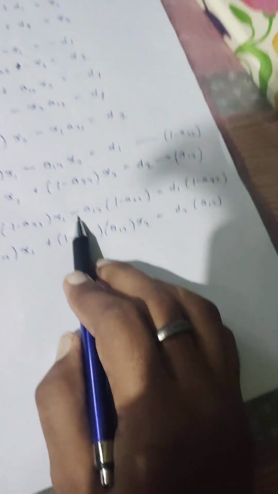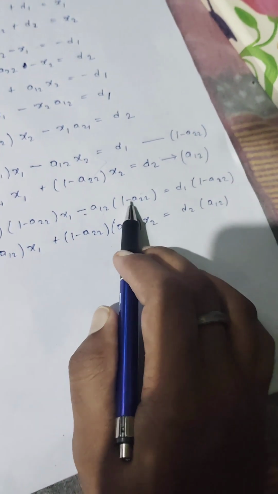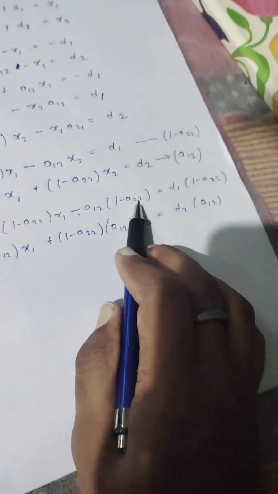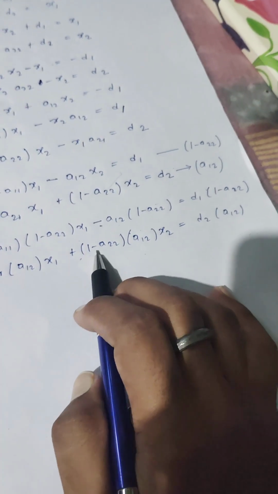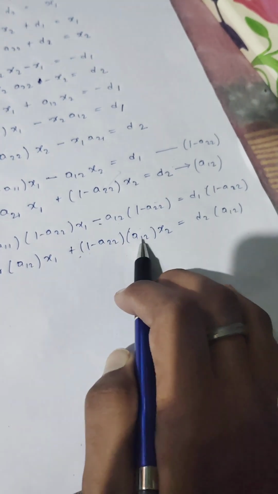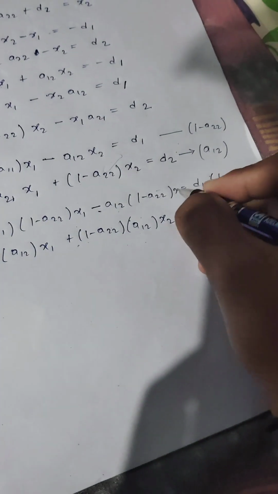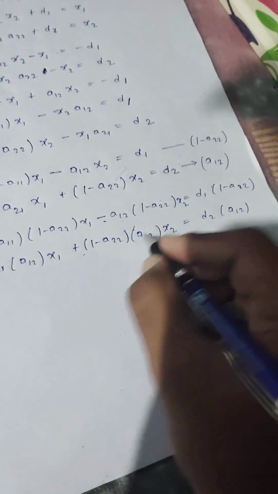Now we see, minus A12 multiplied by 1 minus A22 plus 1 minus A22 multiplied by A12, here will be X2. This term will cancel out.